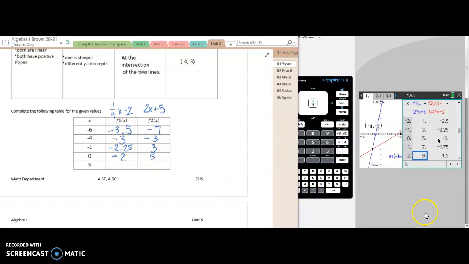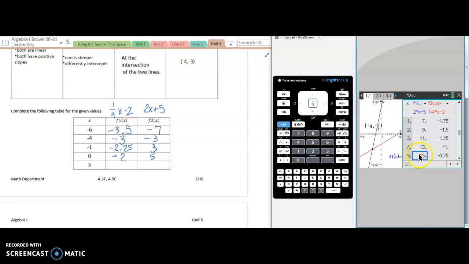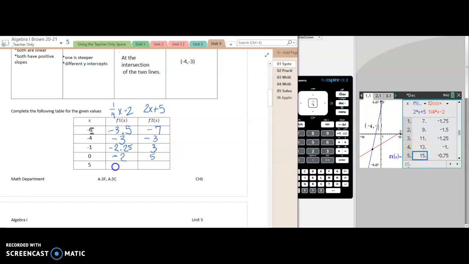And over here at 5, we have 15 for 2x plus 5, and then -0.75 for 1/4 x minus 2.